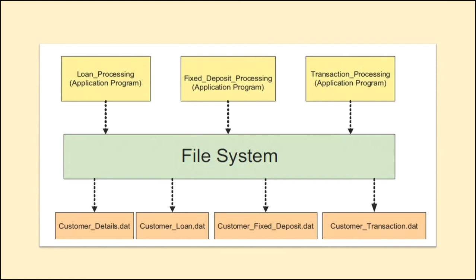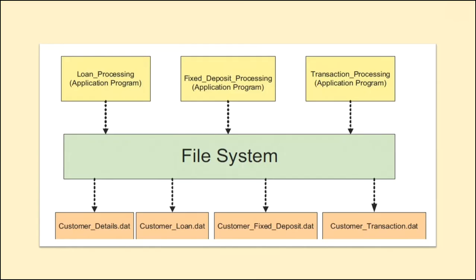Can you tell me what other problems there are with this file system approach? What about data redundancy? Whenever a customer wants to take a fixed deposit, in order to do this fixed deposit processing, customer details are definitely required, right?